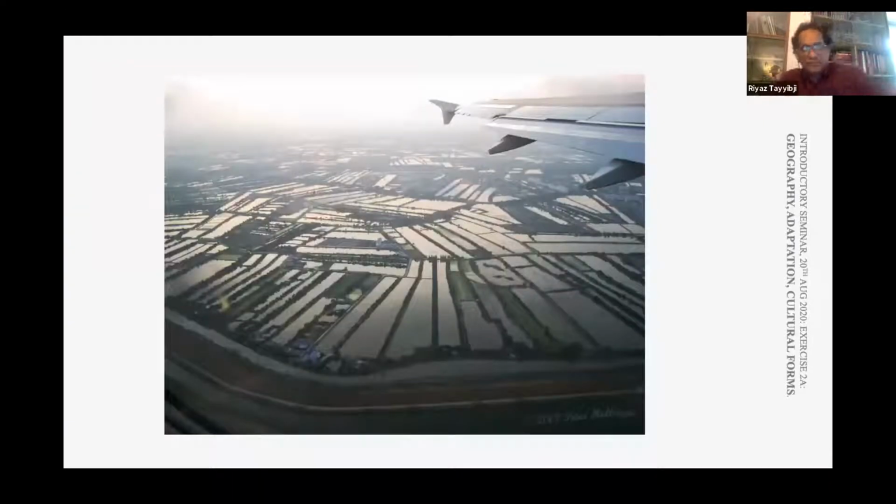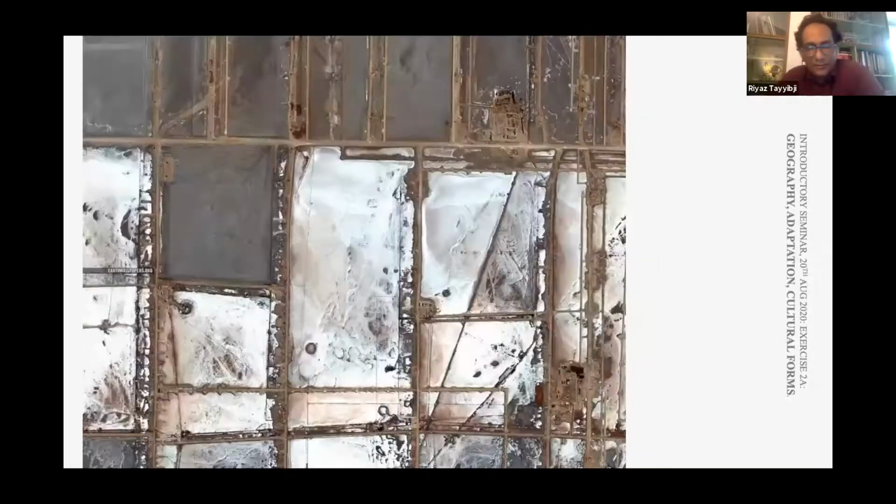And what we often see when we are flying from one place to the other are the patterns that make the landscape. In these patterns is embedded a kind of response, a certain kind of social structure that gives rise to these patterns.